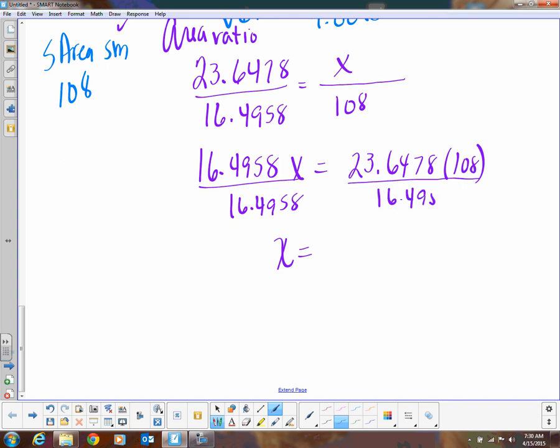So this is not one that's doable in your head. What is our final answer? And this would be inches squared. Is that what they told you in the back of the book? It said about 155. Okay.